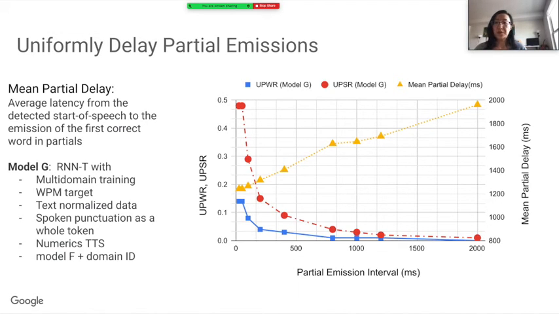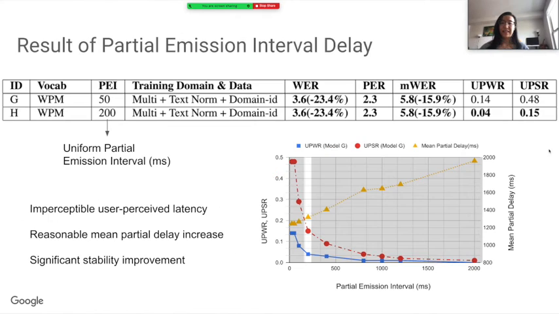during the transcription process. In this graph, the x-axis is the partial emission interval. The y-axis is the ratio of the unstable words and unstable partials. Let's now compare the results of the partial emission interval of model G from 50 milliseconds to 200 milliseconds.